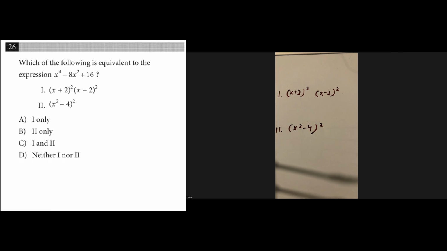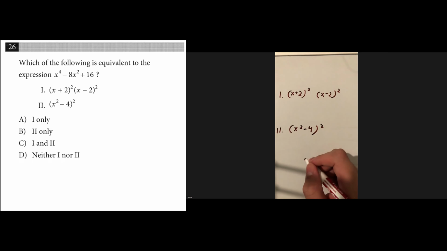Okay, so for this one, we're asked which of the following is equal to the original expression. We are allowed a calculator on this section, so we could use a calculator, but I'm just going to calculate these manually. x squared minus 4 times x squared minus 4 is x to the fourth, negative 4x squared, negative 4x squared, and 16.